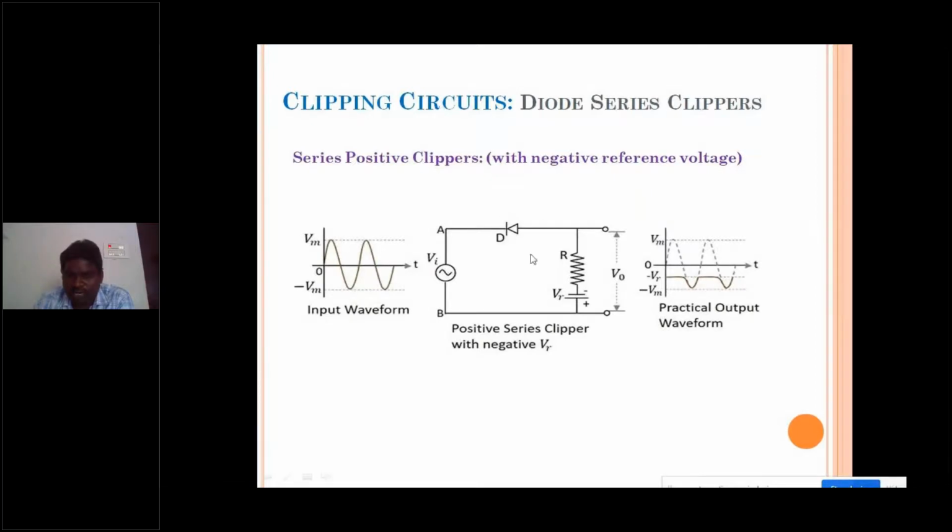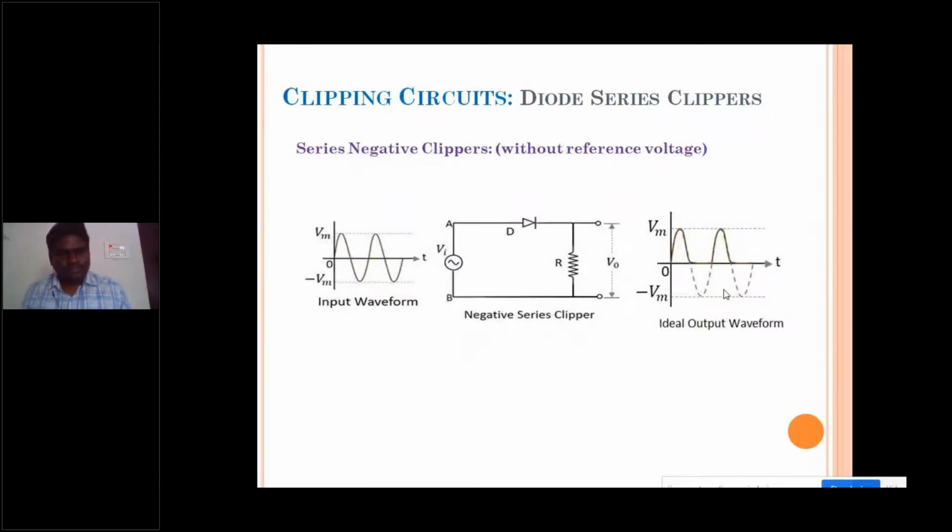When it is forward biased, the output voltage is equal to the input voltage. So only this part of the wave gets transmitted. When the diode is reverse biased, the output voltage is exactly equal to the reference voltage, right? So that is why only this part is simply transmitted. So this is the case. Try to understand. I may be moving fast because it's almost completed.